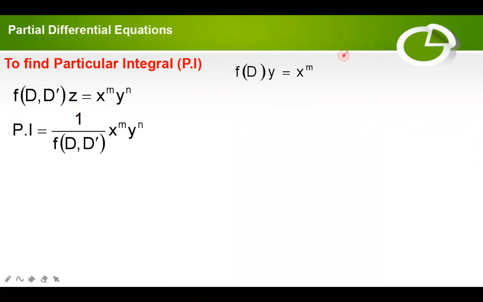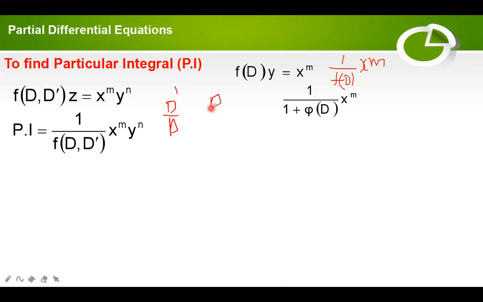In that case PI is 1 upon f of D into x raised to m, and we converted this into 1 plus phi of D, some function of D, by taking the least degree term common and expanding in ascending powers of D. In the same way here we convert it into this form, but in this case we have to make it either D dash by D or D by D dash and expand in ascending powers of either D dash by D or D by D dash.